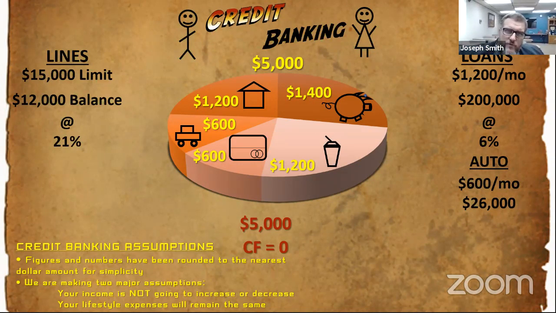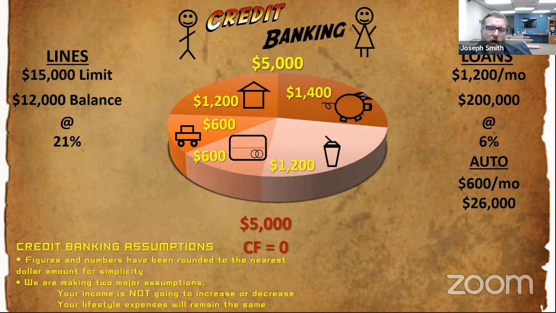So a few assumptions that we have to know. We're looking at the budget here, $5,000 on a 2-income American family, and you see the pie chart of where it goes. $1,200 goes towards the mortgage, $600 to the auto payment for 2 cars, $600 in credit card payments, $1,200 in cost of living expenses, your food, entertainment, utilities.